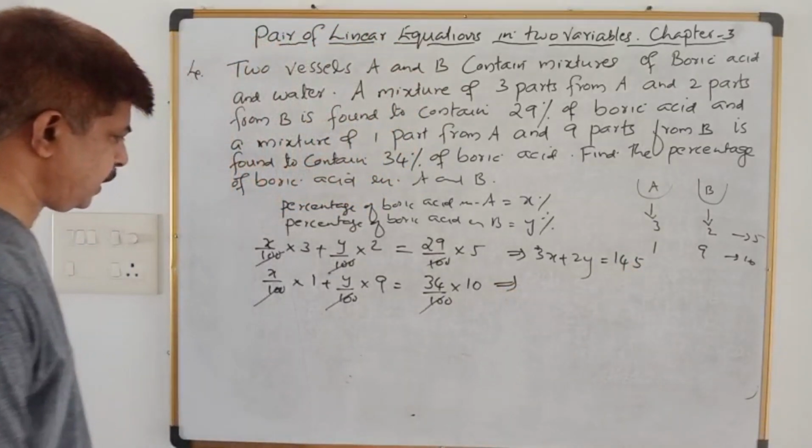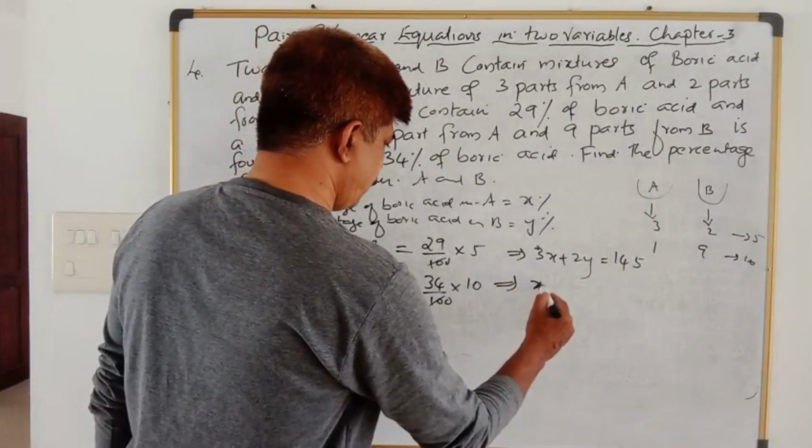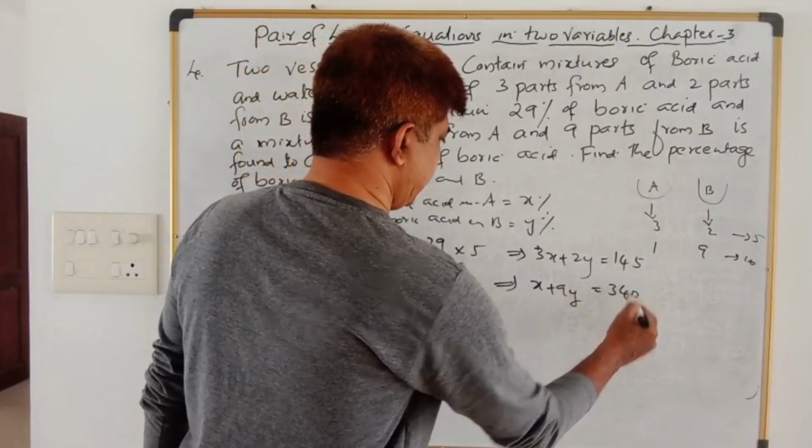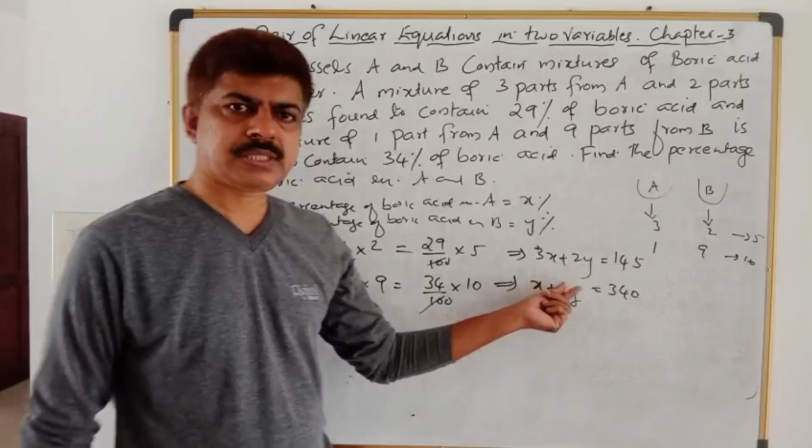Similarly the second equation: x plus 9y is equal to 340. We have reduced the equations like this.